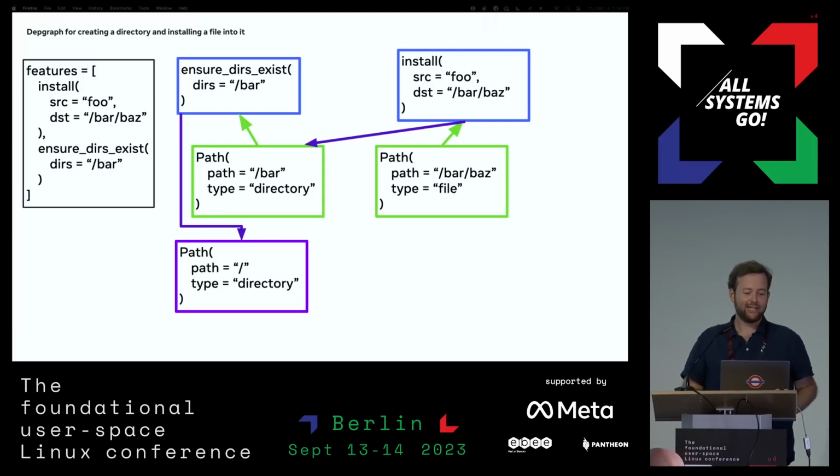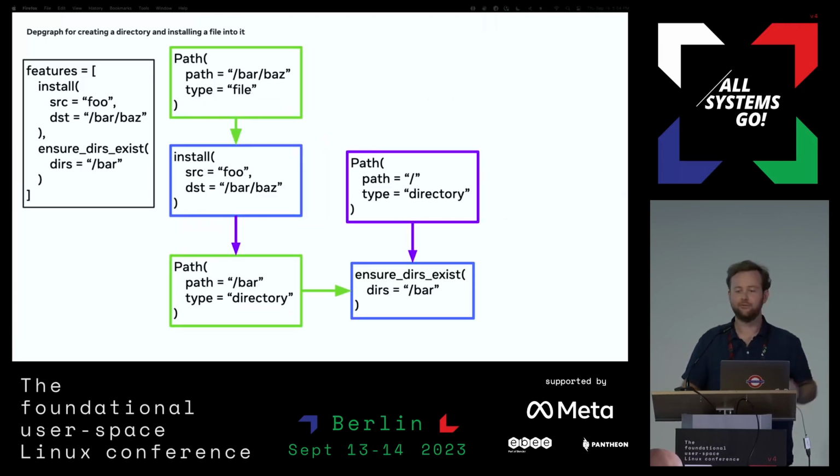Then we query the dependencies, and we see that ensure does exists requires the root directory because it's the parent of bar. That always exists, so we can kind of ignore that. But we get a new dependency from install onto that bar directory, because we can't write the file until the parent directory exists.